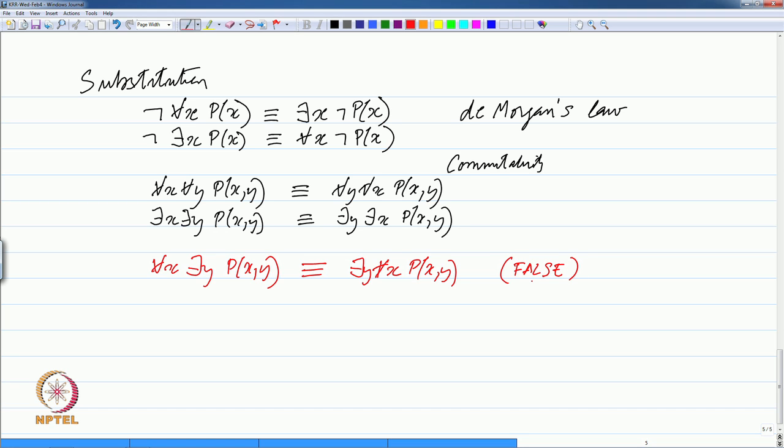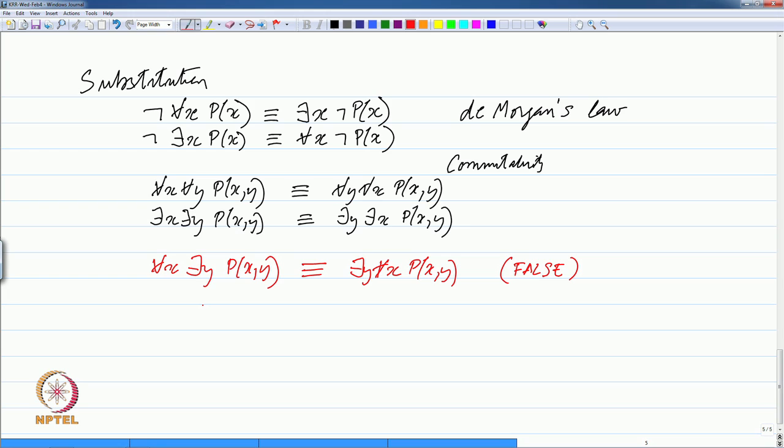It is not true. So, you cannot use it as a rule of substitution, that if you have the left hand side for example, you cannot replace it with the right hand side.